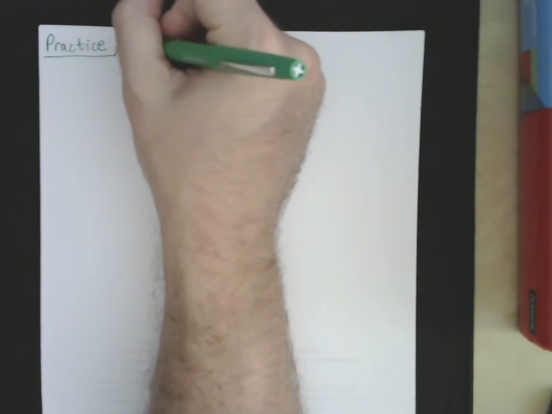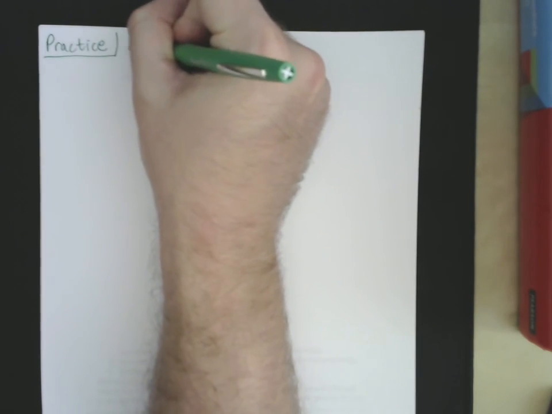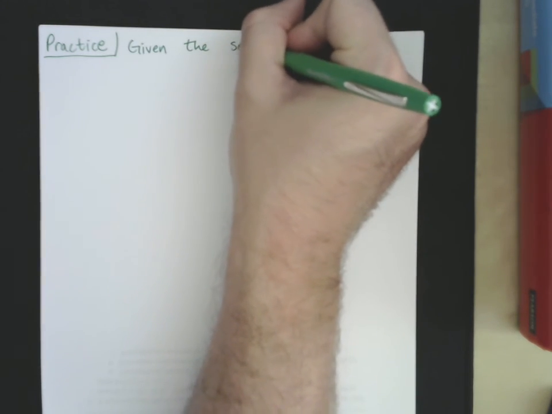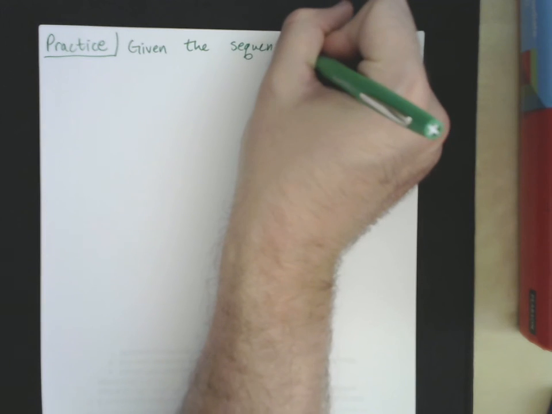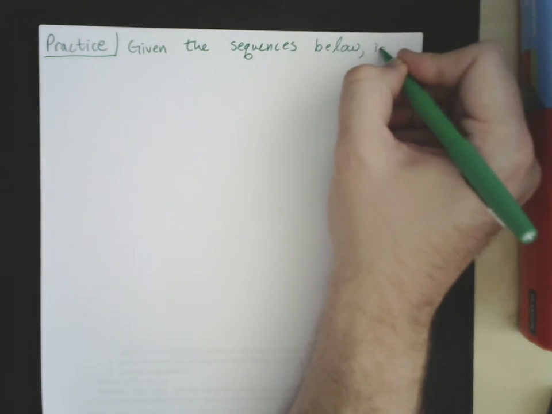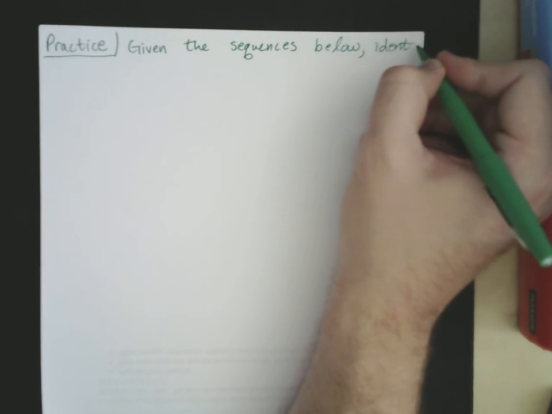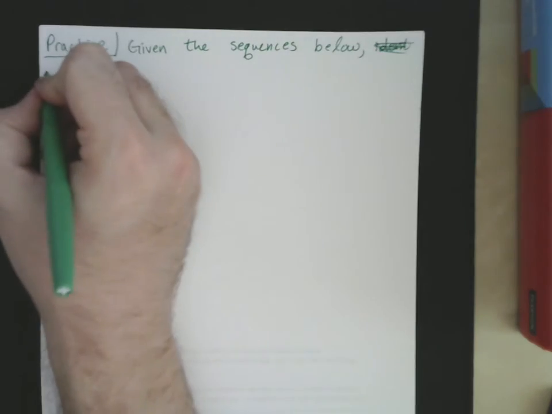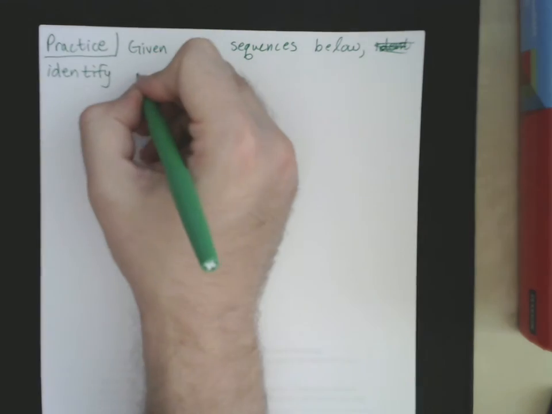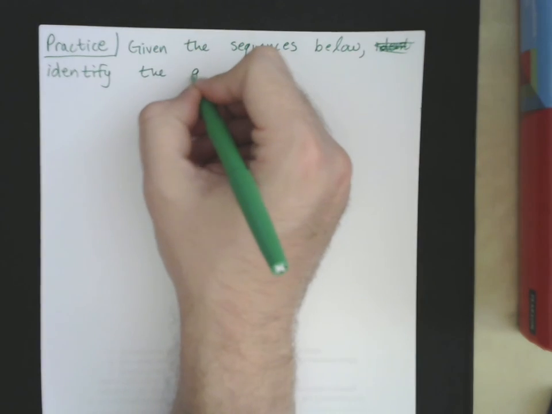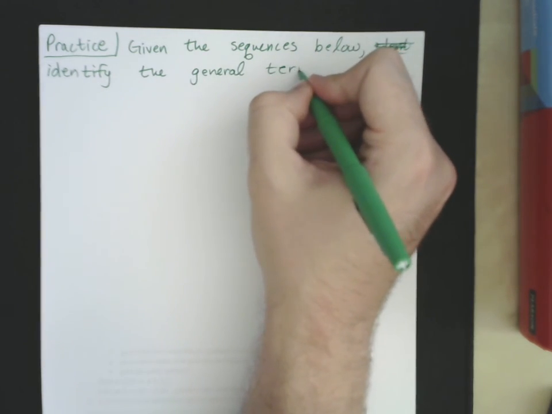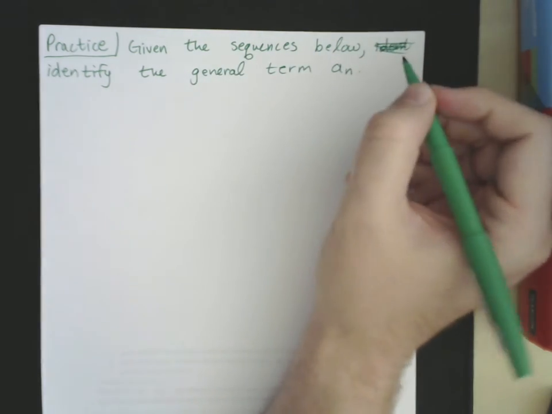So for this, given the sequences below, identify the general term a sub n.